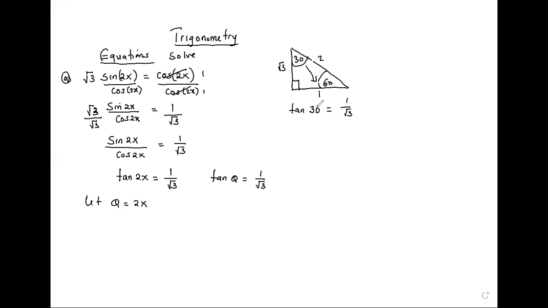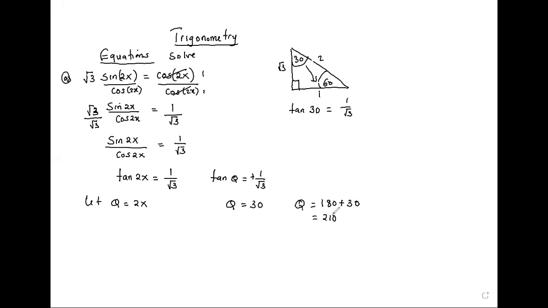So we know theta, in this case, theta is 30. This is in the first quadrant. Where else is tan positive? Tan is positive in the third quadrant. So you say 180 plus 30, which is 210.